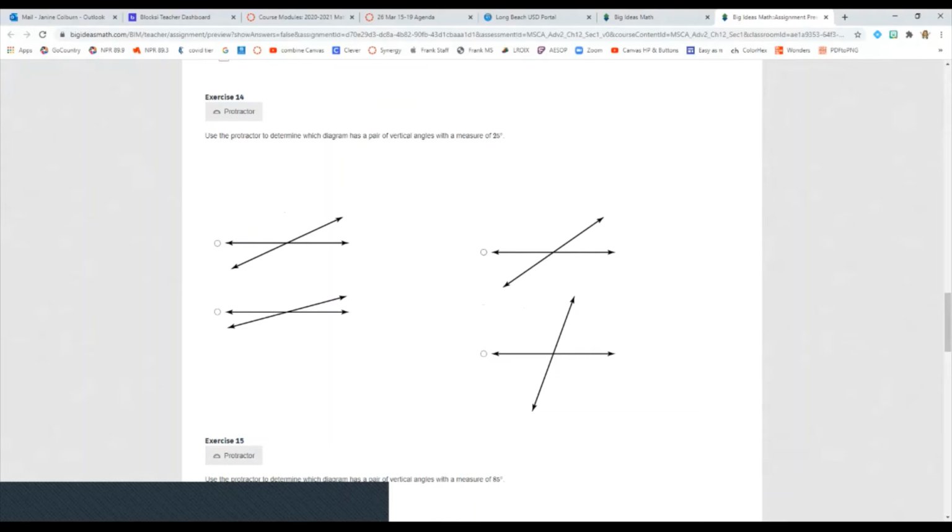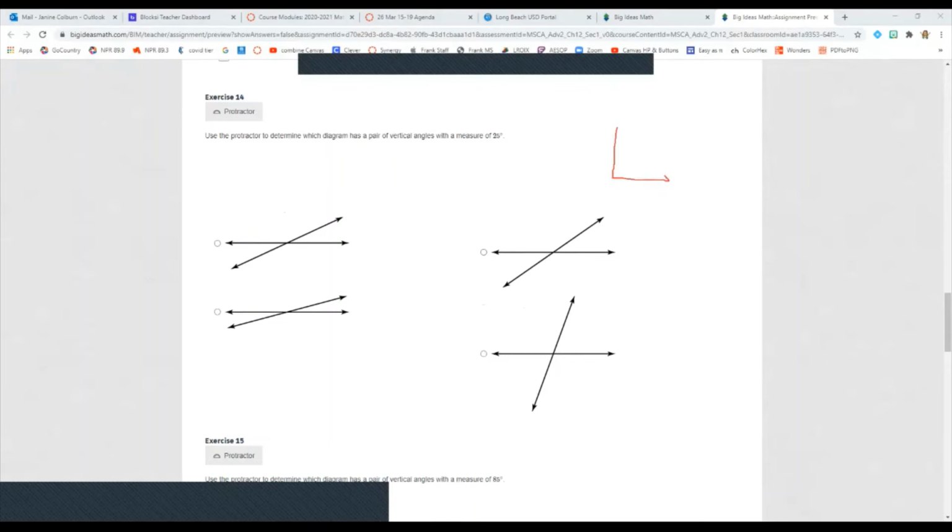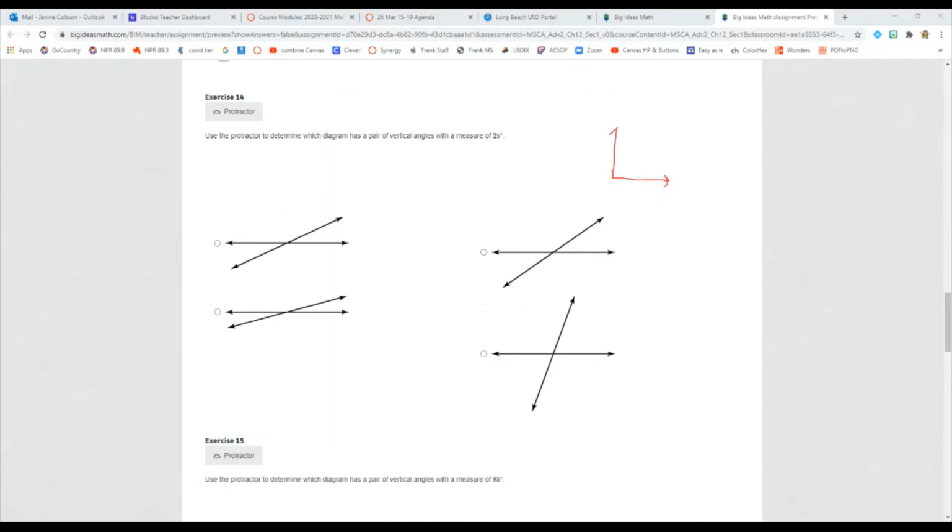Okay, I know that a 90-degree angle looks like a corner of a piece of paper. This is a 90-degree angle. So then half of a 90-degree angle is 45 degrees. So this here is a 45-degree angle.